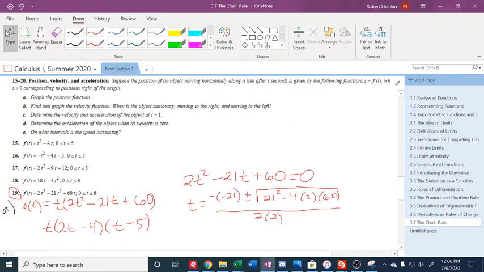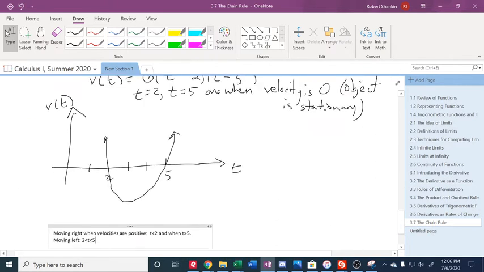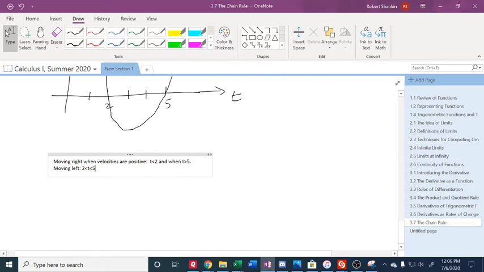Determine the velocity and acceleration of the object at t equals 1. Alright, so for part C, we're going to need to find the acceleration. We already found the velocity. Acceleration is the second derivative.